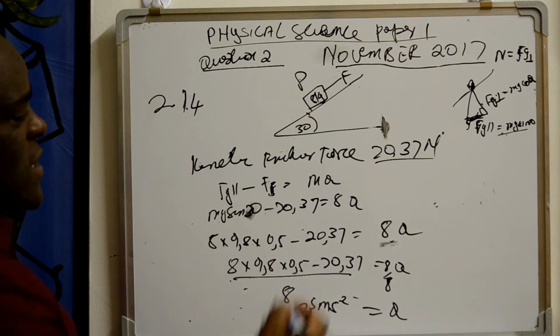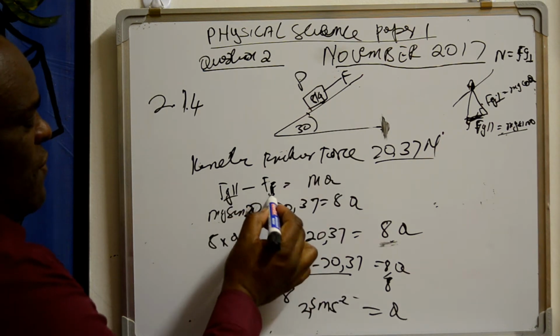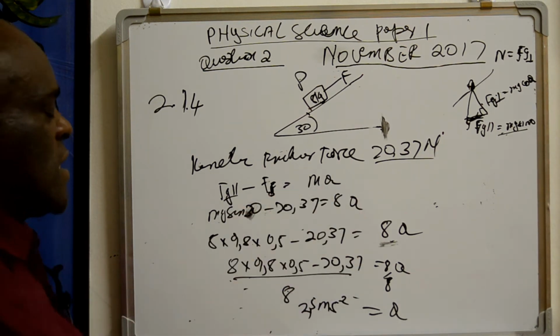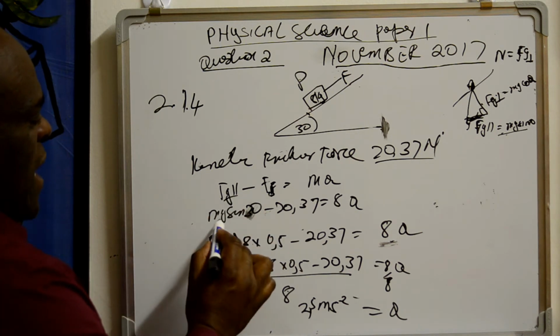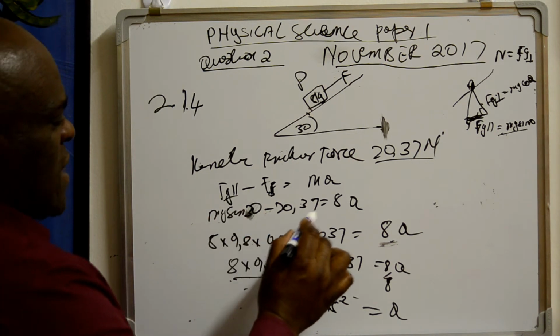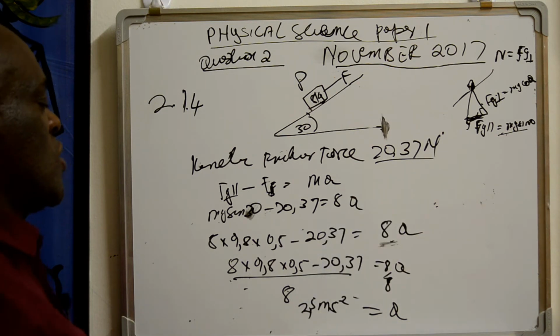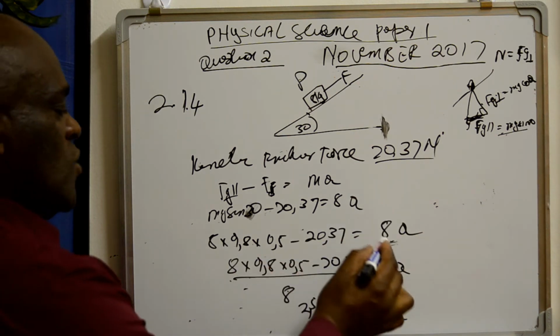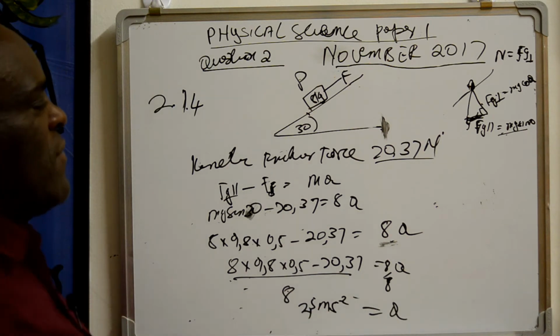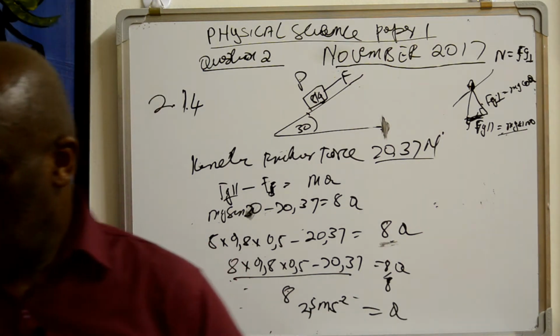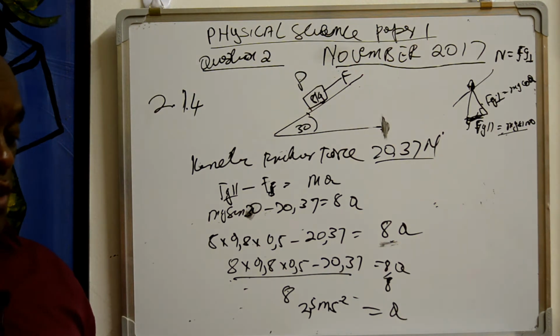F net means the forces acting there, Fg parallel and the friction force, equal to mass times acceleration. What is my Fg parallel? It is mg sin 30 minus 20,37, equal to 8 times acceleration. Then you divide and end up having 2,5. That's what I'm trying to explain, guys.